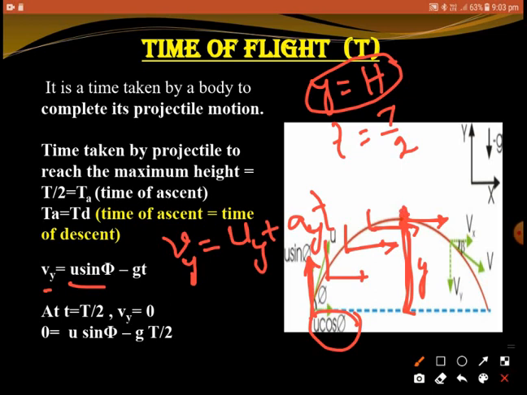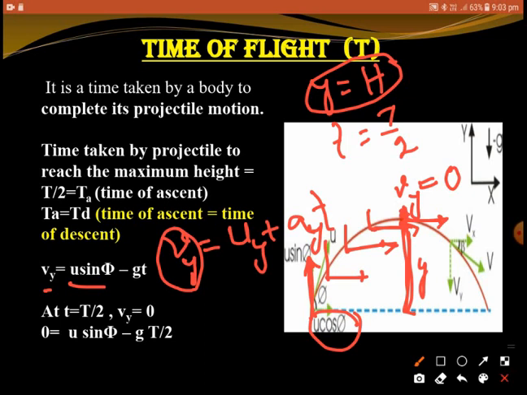There will be no vertical component. That means at the peak position, at the maximum height, your velocity component along the y-axis will be equal to 0. So we need to put this also as 0.